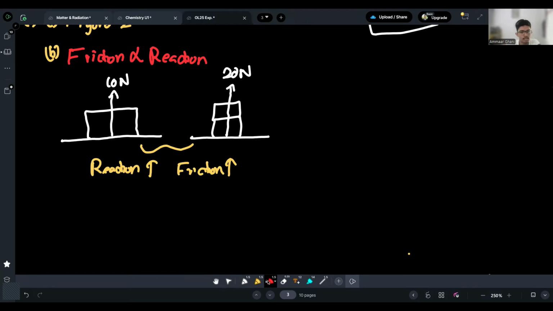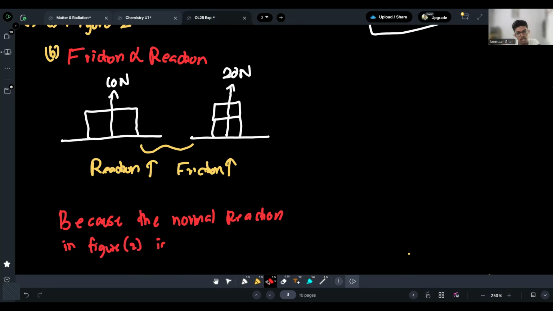Your answer you can tell: because the normal reaction in figure 2 is greater than that of figure 1. This is exactly how you have to answer for your part B, and then you get full marks. No points missed. You get full marks.